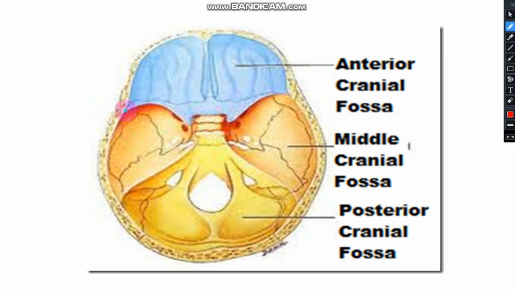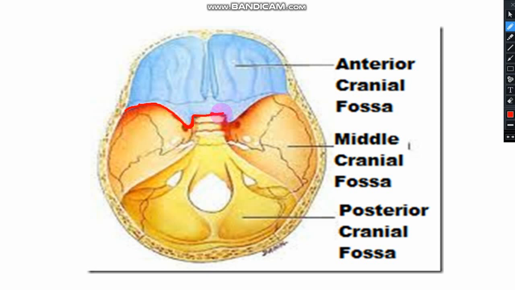here we see it is bounded posteriorly by the lesser wing of the sphenoid. Now I'm talking about this one, the anterior clinoid process, as well as the anterior margin of the sulcus chiasmaticus.